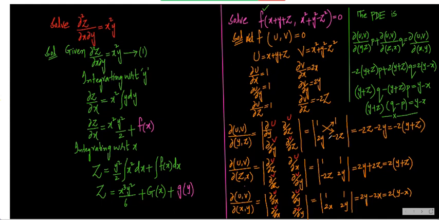If we have f functions in the u comma v form, then we will use the Jacobian method. Direct integration method is for functions of z, and arbitrary constants elimination.